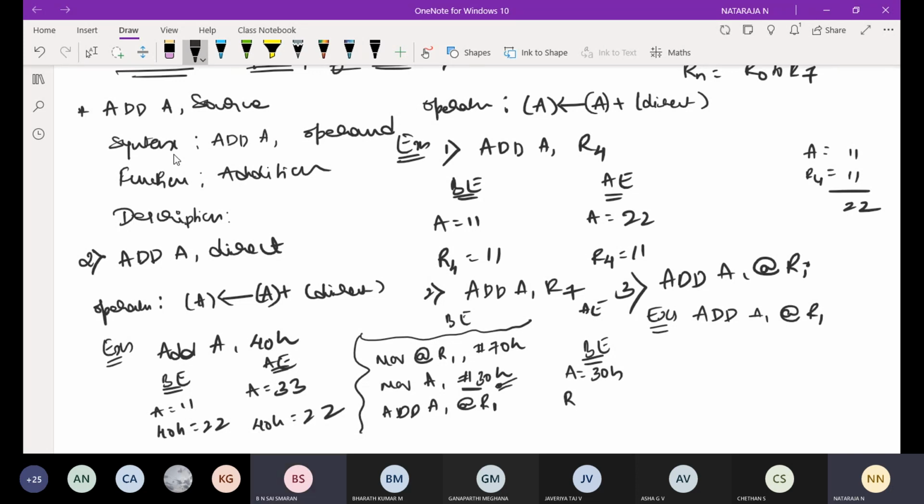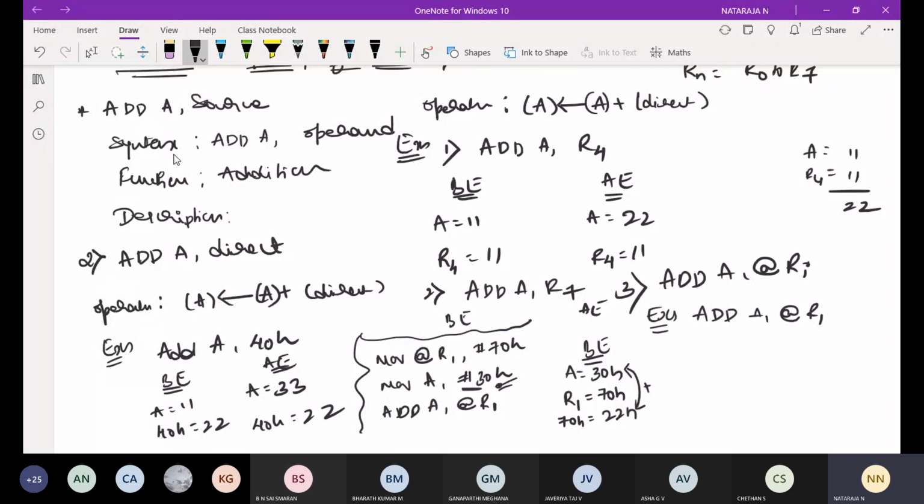In R1 we have considered the address location is 70h. Then in 70h we can assume one data, that data will be 22h or 20h. Now we need to add these two.